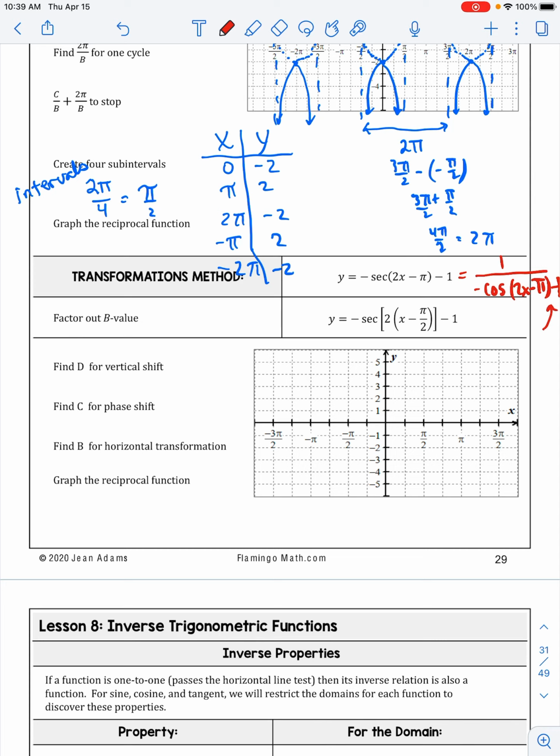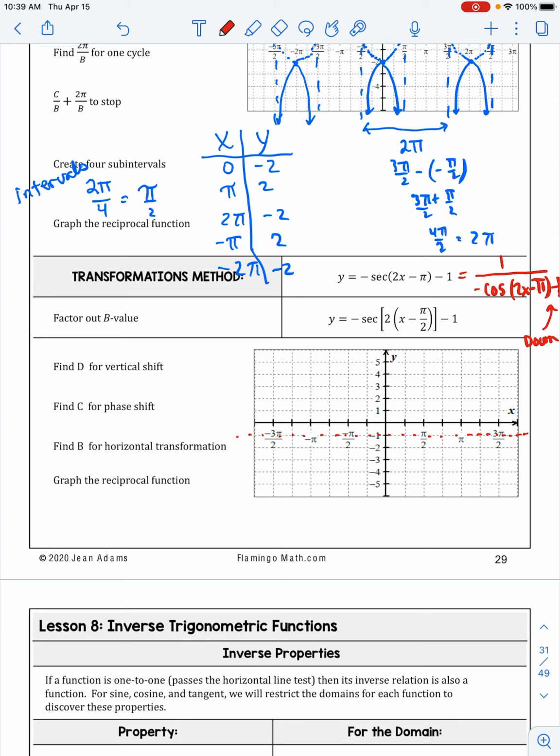So this negative 1 means it's shifted down 1 for my center line. So my center line is going to be here for my skeleton. That's my center line because of that minus 1. And the amplitude is 1.